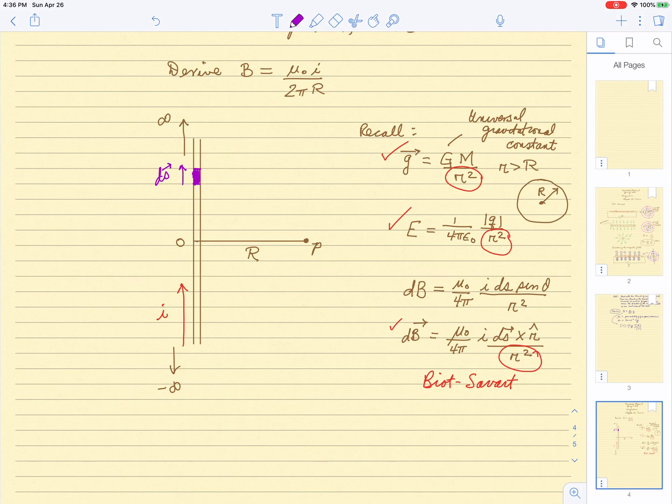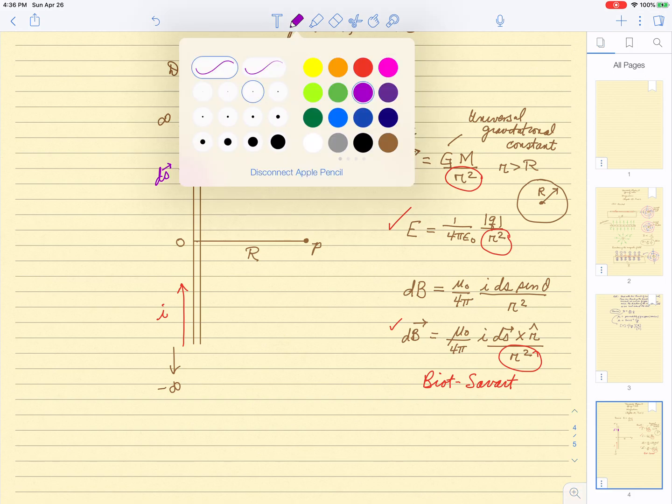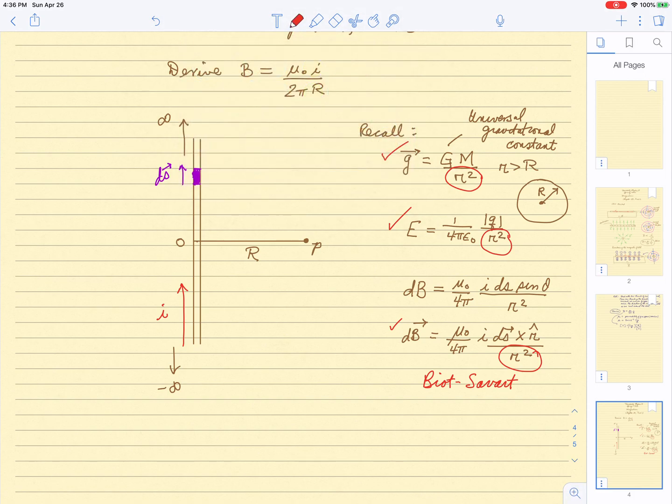And then we will call the distance from this chunk of current to the point in question here r. We will have a unit vector here, which is going to be r caret, unit vector r caret. We'll call this angle here theta.